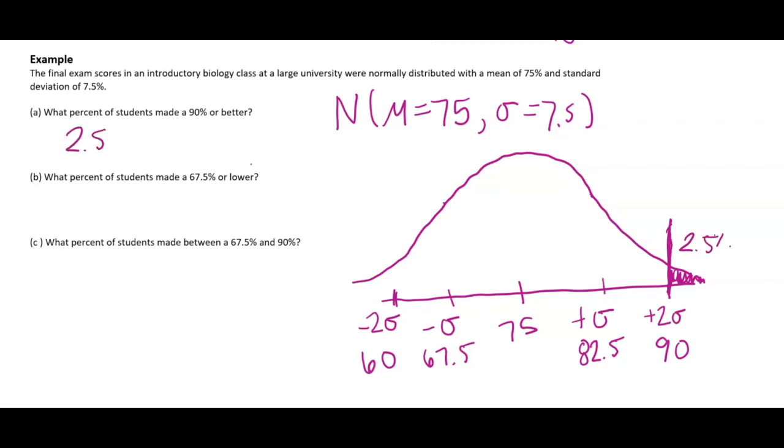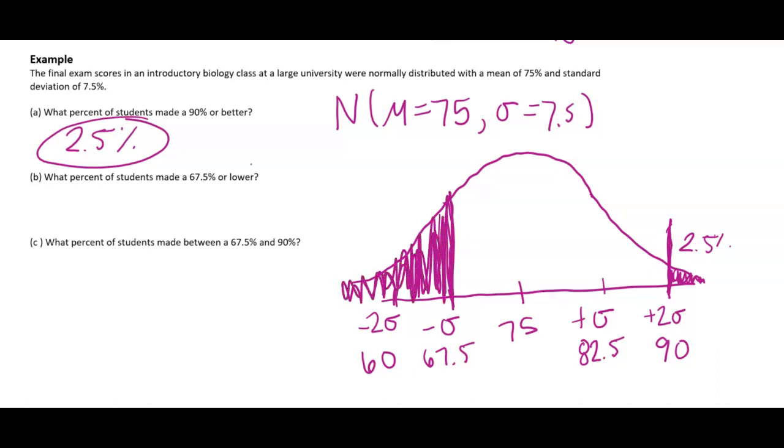So that's my answer for A. If I want to know what percent of students made a 67.5 or lower, I could go here and be like, okay, this is the section of my distribution that I would like to look at. Well, I know that this is 2.5 and this is 13.5. And so together, this is about 16%.